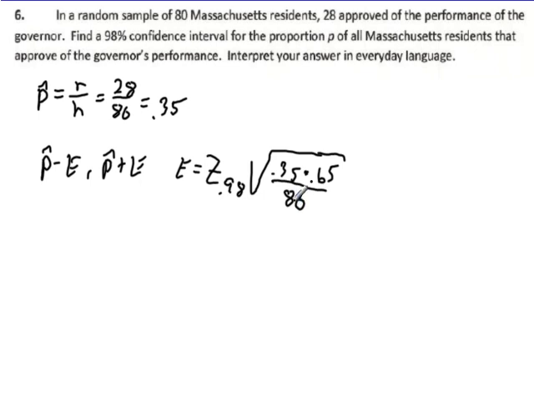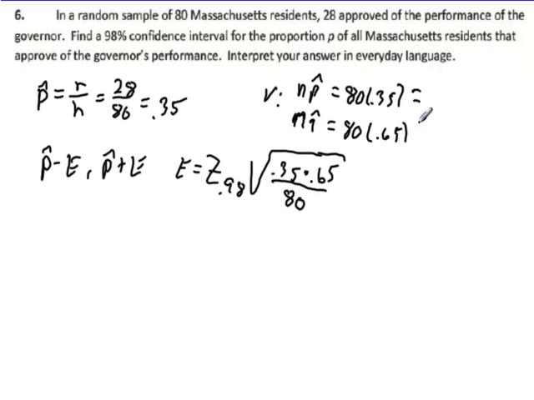Now, we do have to verify one thing first before we look up Z.98. We have to check that both NP, or NP hat, since that's all we have, and NQ hat are both greater than or equal to 5. So if we take 80 and multiply it by 0.35, and we take N, which is 80, and multiply it by 0.65, we have to double check that we get numbers that are both greater than or equal to 5 in order to use this approximation.